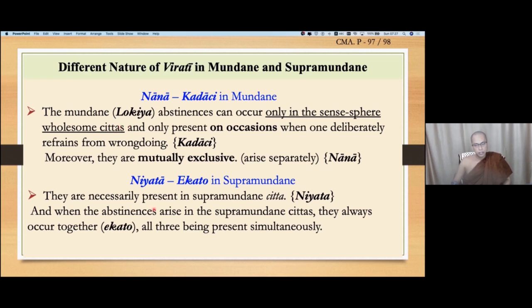Then in the supramundane level, they are niyata and ekato. Niyata means they always arise, and ekato means they arise together. This is the different nature of virati in the mundane level and the supramundane level. So we need to keep this information in our mind, otherwise we will misunderstand in other levels of our Abhidhamma study.